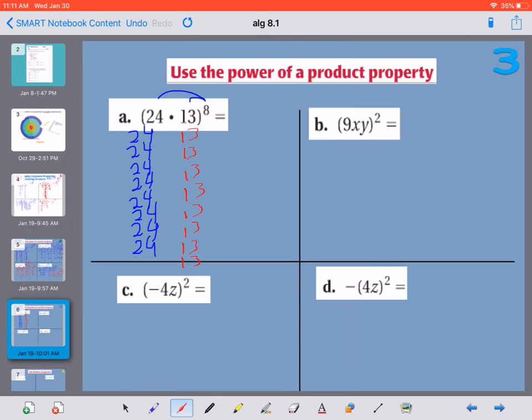So what I would have then is 24 to the 8th power times 13 to the 8th power. Now that would be a huge number to multiply together, so I think I'm just going to leave it like that.